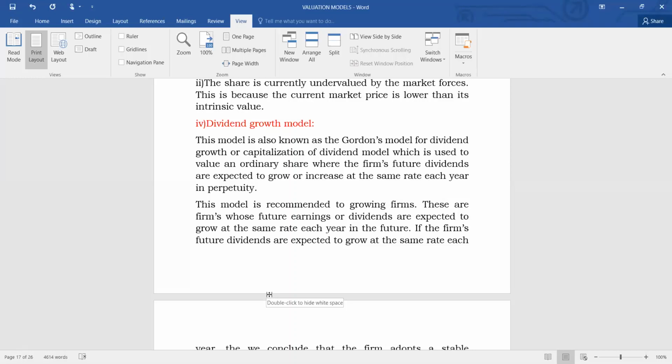Just like you can come up with a model in the future and name it after yourself, say a Mondi growth model, or a Kamau growth model. And then people will study the model all over the world.